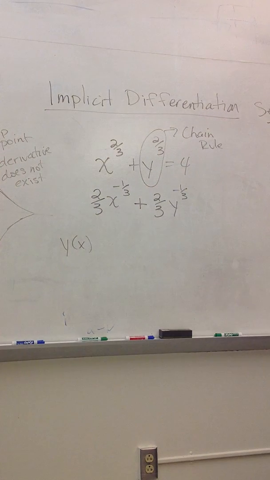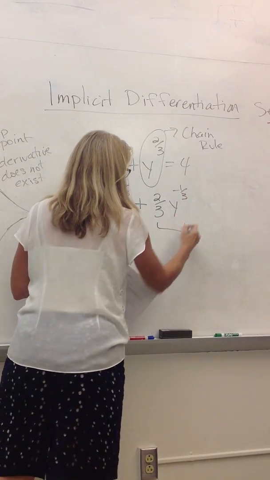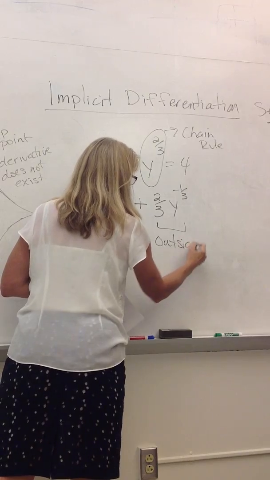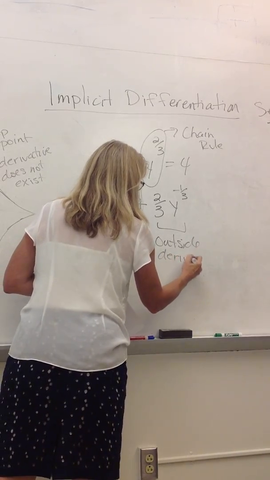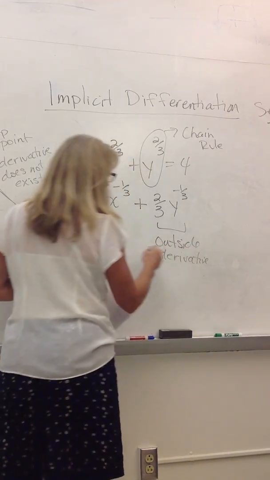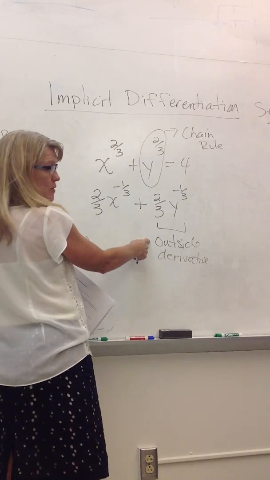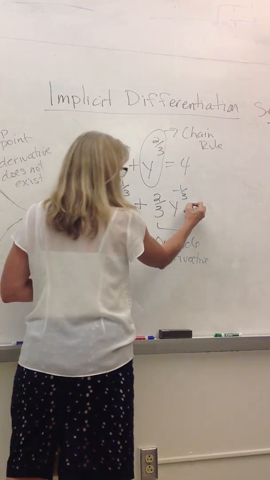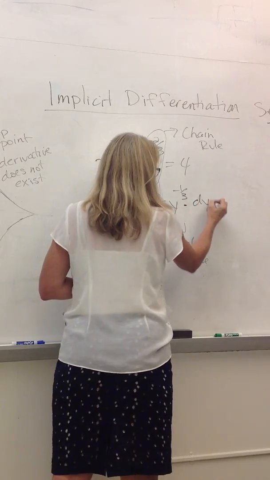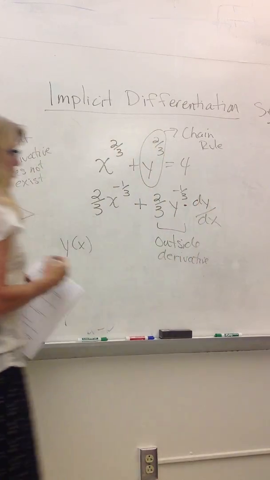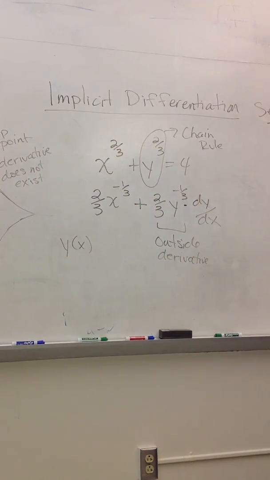Y is some function and it's plugged into a 2/3 power. So I took the derivative of the outside function, but then what does the chain rule tell us to do once we take the outside derivative? Multiply by the derivative of the inside. So either write times dy/dx or write times y prime. It doesn't matter which one.